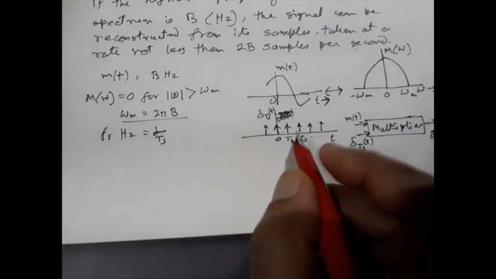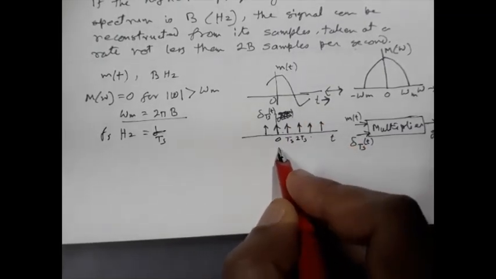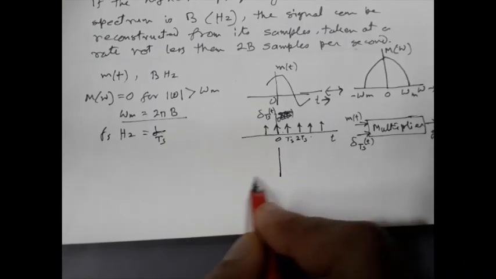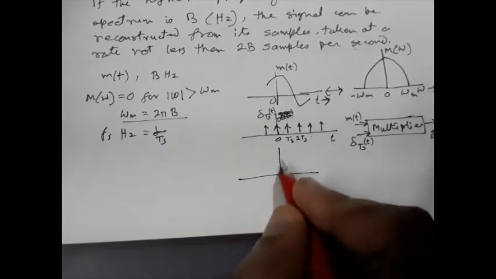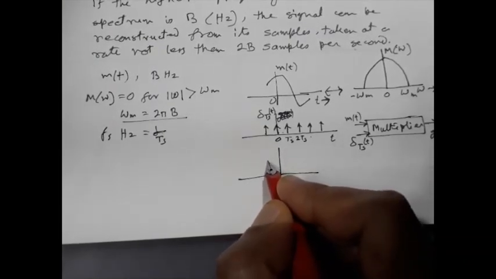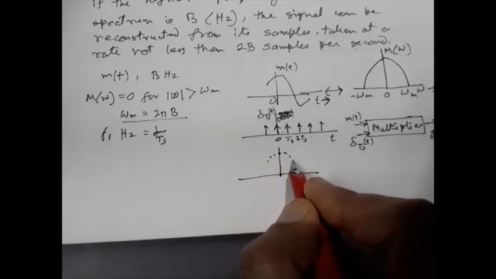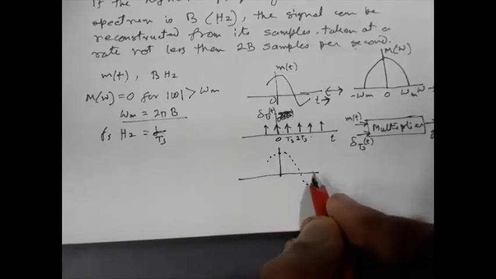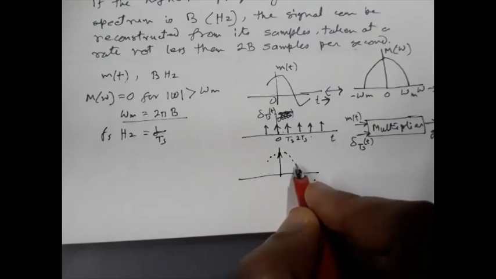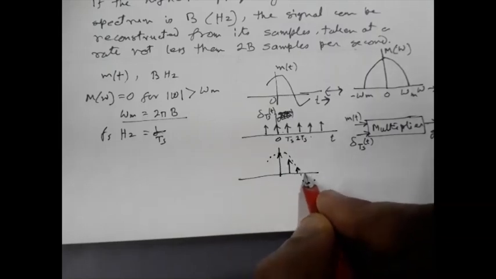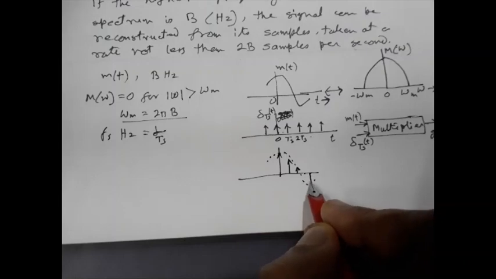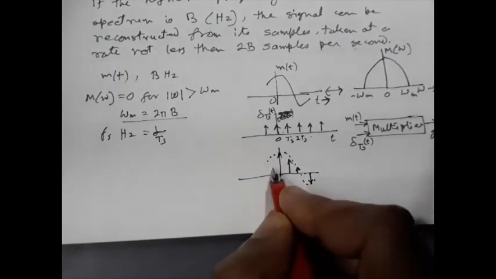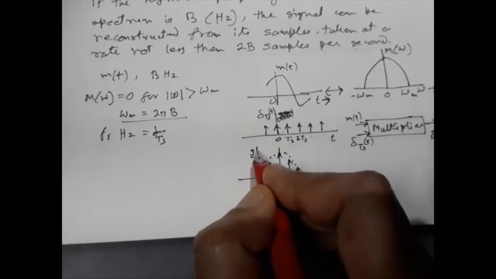So if we multiply these two signals, we should get this type of signal. This is g(t).